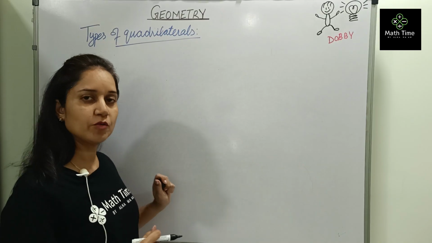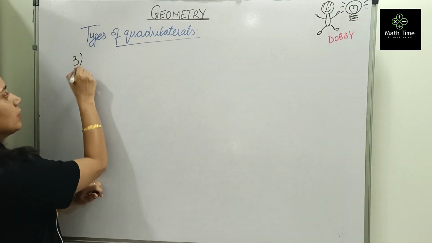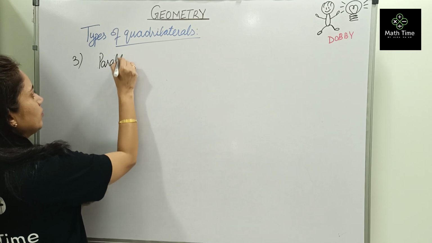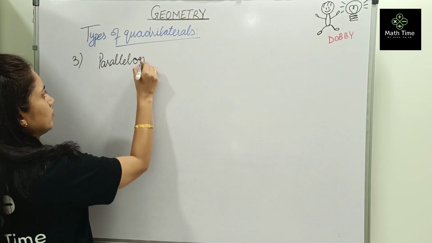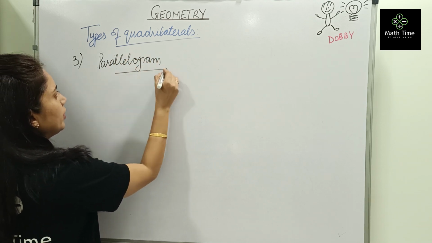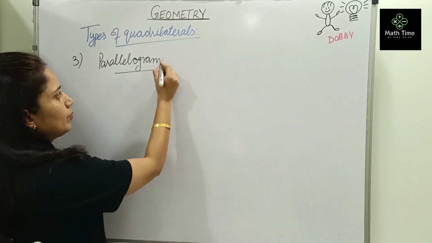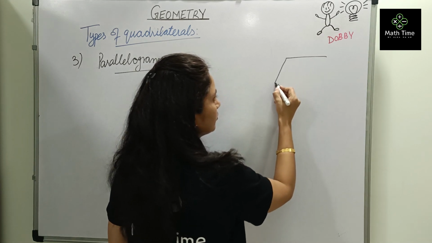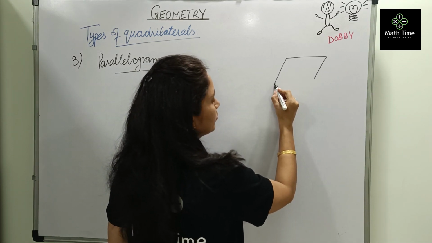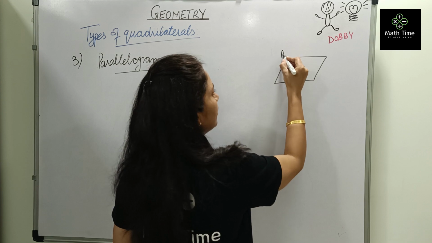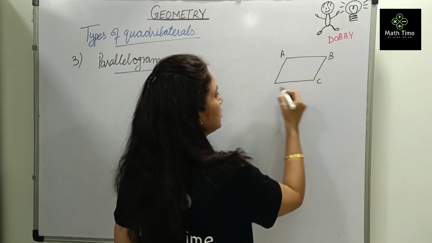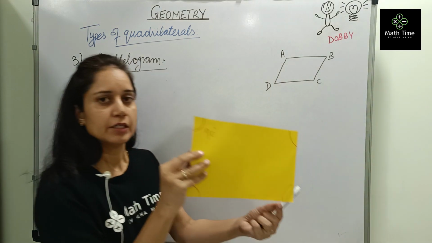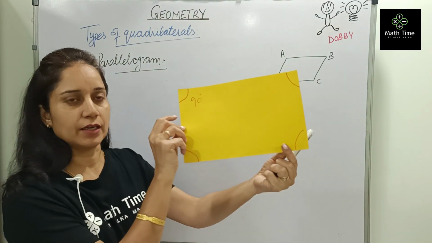Now our next type of quadrilateral is parallelogram. Okay, this is the quadrilateral now, parallelogram. I am making the figure here. Name it A, B, C, D. See how you have got parallelogram. This was a square, this was a rectangle, right?